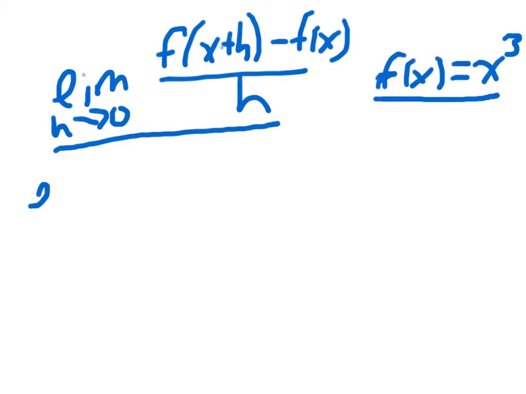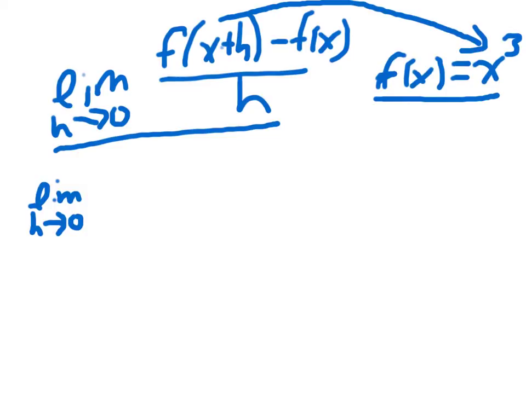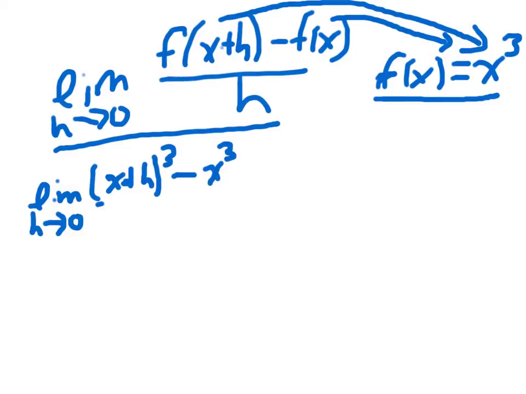So this says to find the limit as h goes to 0 of f(x + h). What that means is to take x + h and substitute it in that equation. Whatever I'm substituting, in this case x + h, go ahead and cube it. And then substitute x into that equation. When I substitute x, I just get the equation again, x^3, all over h.